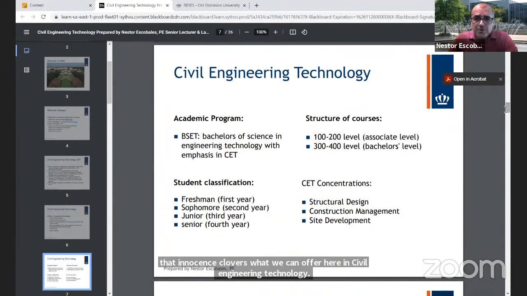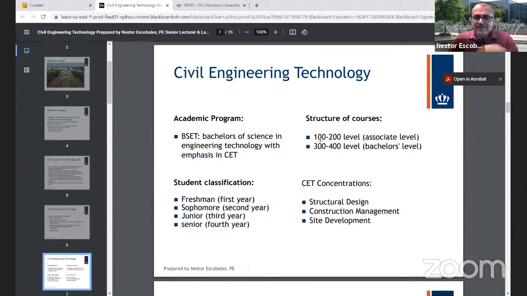The courses are structured in 100, 200, 300, and 400. The first bullet point, 100 to 200, is what we will consider a 2-year degree, an associate level course. 300 and 400 are bachelor level. Those are the last 2 years.